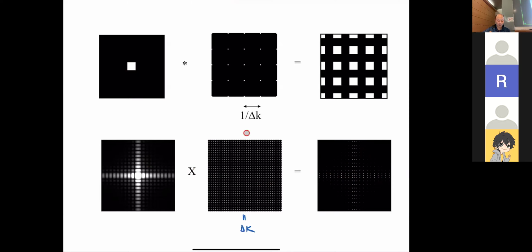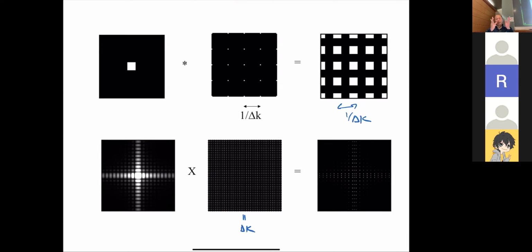I take the inverse transform of this comb function, which has a spacing of delta K, so it has a spacing of 1 over delta K. Convolving with this just plops my object at every delta function, so the replicas are spaced at 1 over delta K. That's all you need to know about sampling. Sampling in MRI gives you image replication, and your job is just to make sure the images don't overlap.